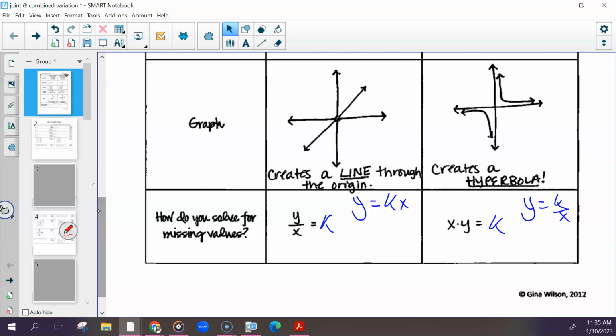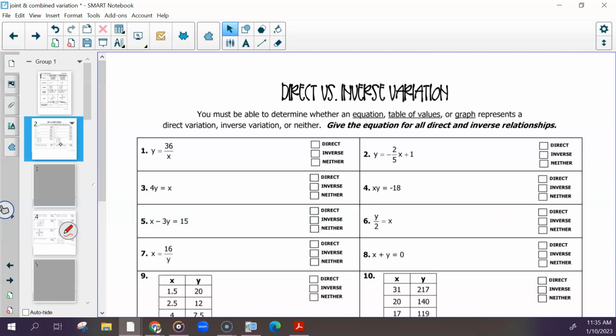So we're going to use those, but try to do it without looking back, but you still have it to look back at as we go through some of these examples. So on the next page, for number 1, is this direct, inverse, or neither?